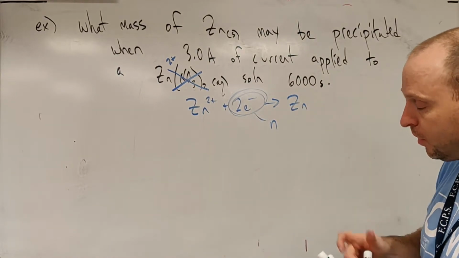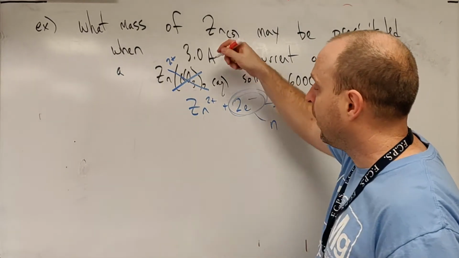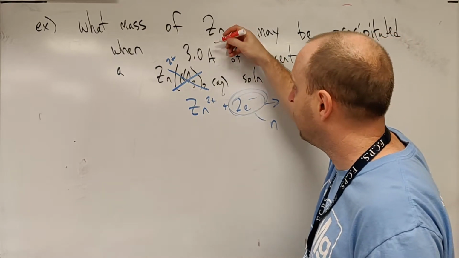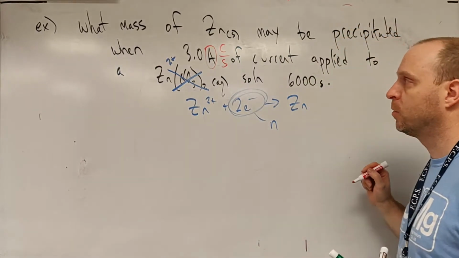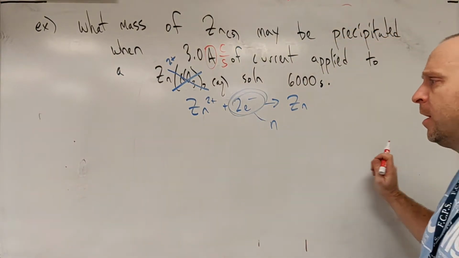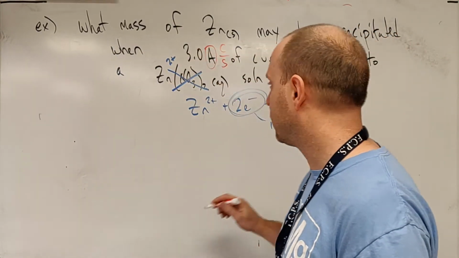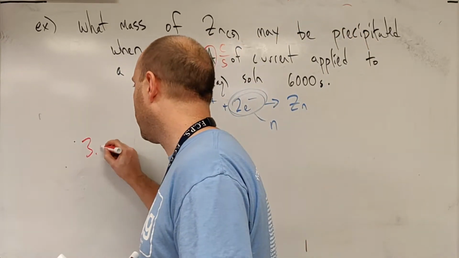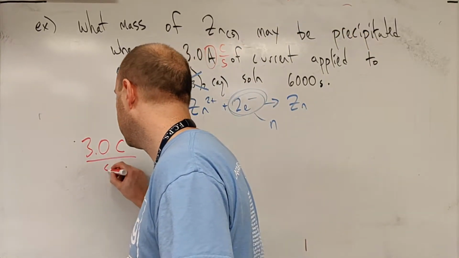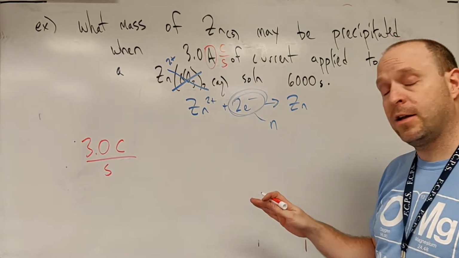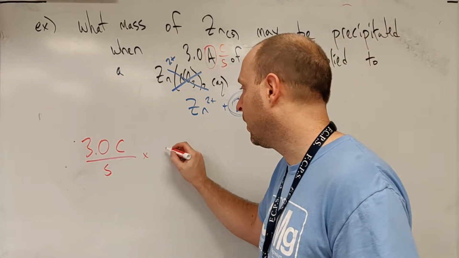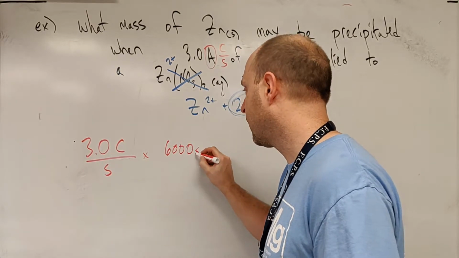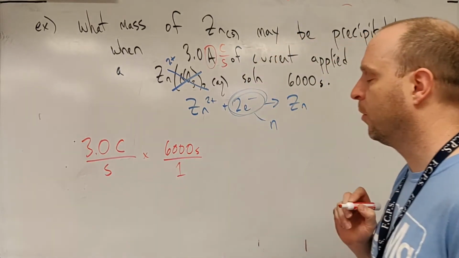Other things to note in advance. An ampere is a coulomb per second. So I'm just going to declare right there that I'll write coulombs per second. And we'll set it up in a not strictly dimensional analysis way, but I've got 3.0 coulombs per second. And if you look at that, you can see seconds are going to be easy to remove if we multiply by our 6,000 seconds, over 1 or whatever.